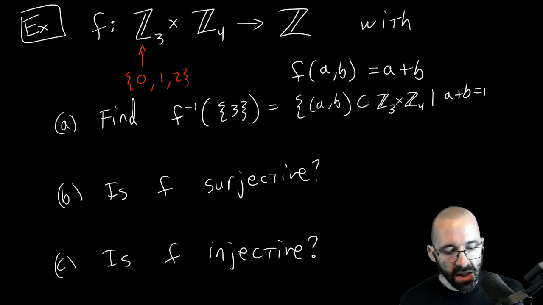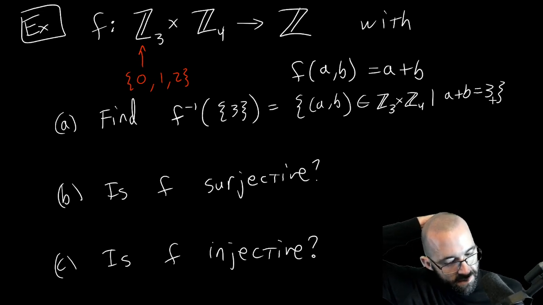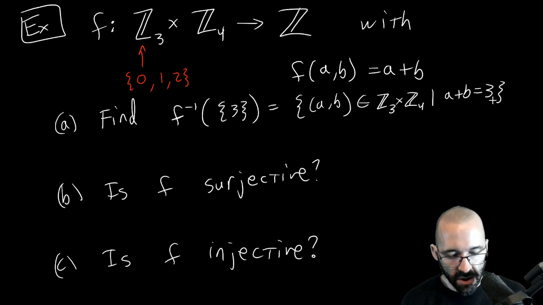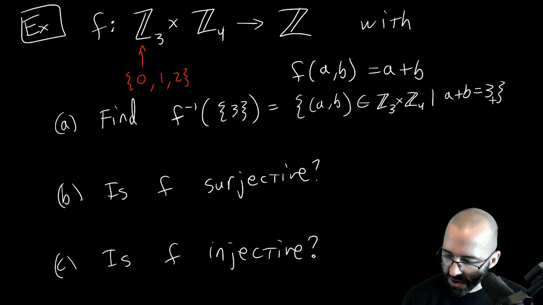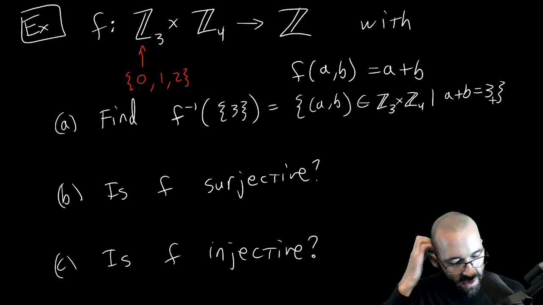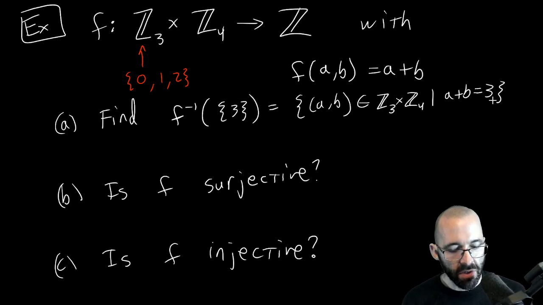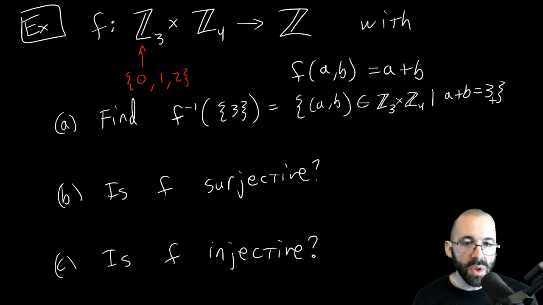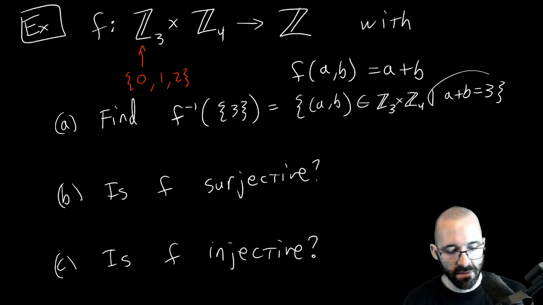So it means a plus b equals 3. So I actually feel like I should have added a mod here. Oh, it's fine. Okay, so that is what the preimage of 3 means. It's the set of all the inputs that go to 3. And going to 3 means this is the case.